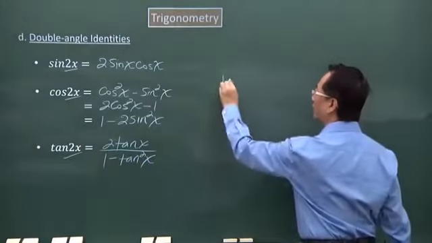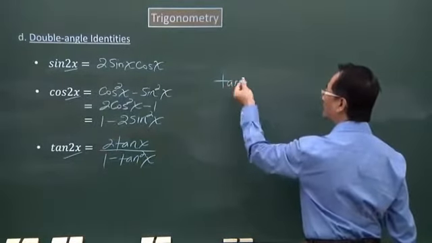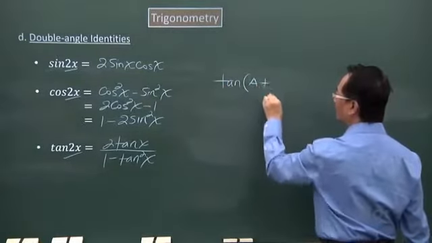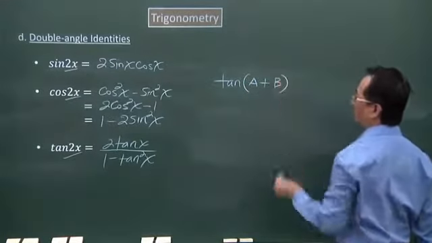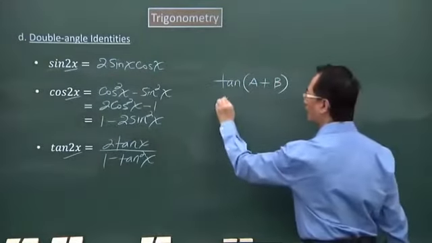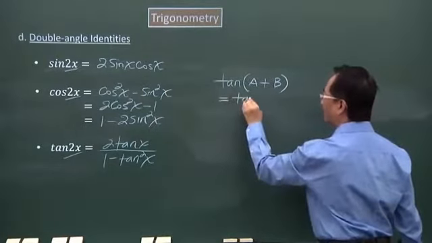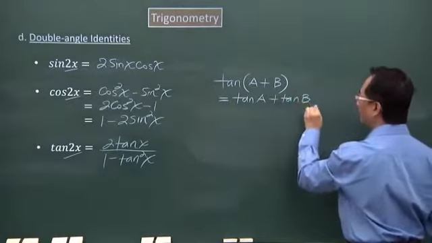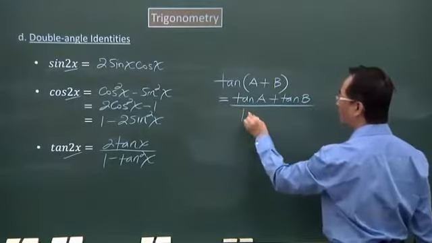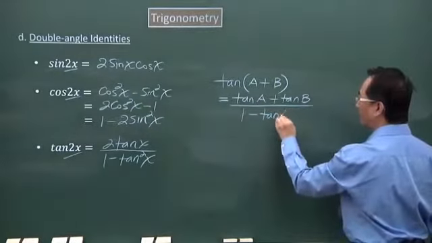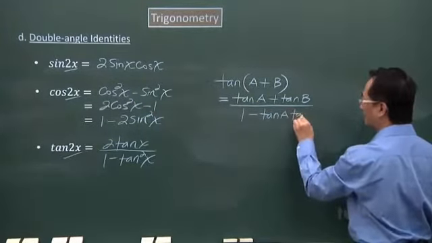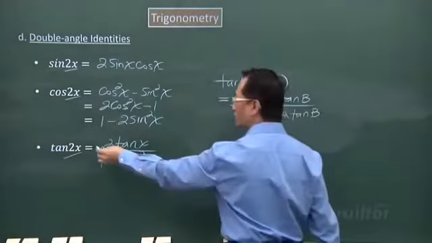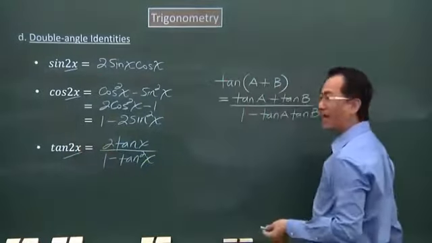Well, the other form is tangent a plus b. The formula is this: tangent a plus tangent b over 1 minus tangent a tangent b. But in our case, you have 2x.